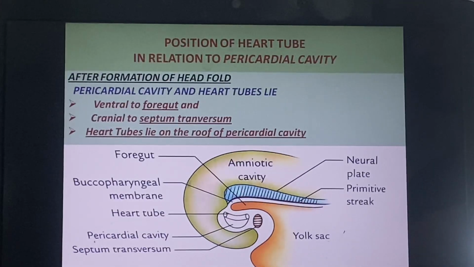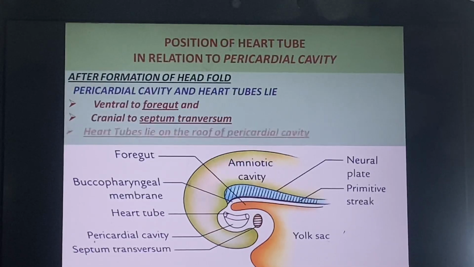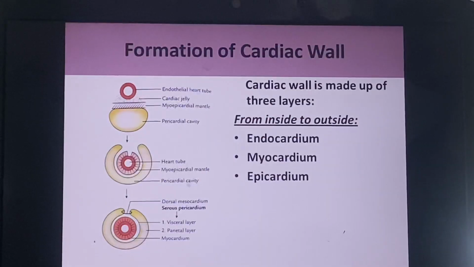All the structures present in relation to these things come and lie accordingly. So the septum transversum is lying caudal to the heart tube, or in other words, the heart tube is lying cranial to the septum transversum. This is important. These three major changes happen with the formation of the head fold.